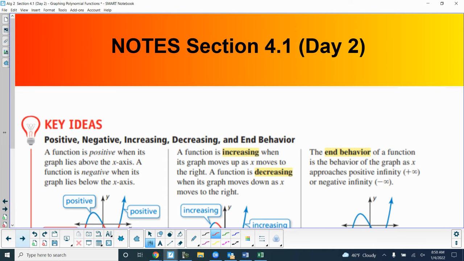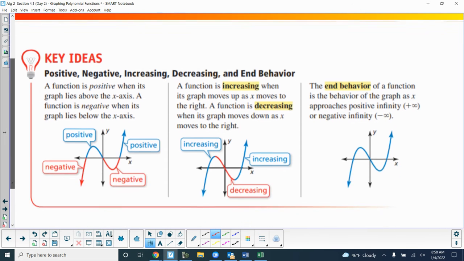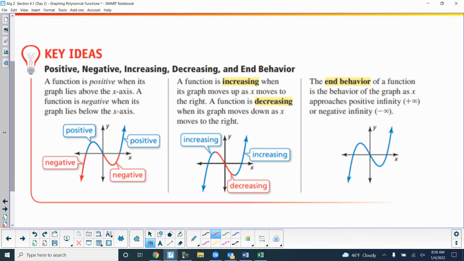All right, so we got end behavior down pat here on the far right, but we're going to talk about positive and negative, increasing and decreasing as well. Okay, so a function is positive when its graph lies above the x-axis. So these blue areas are above our x-axis. Those are when the function is positive.